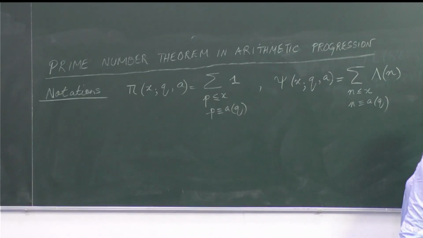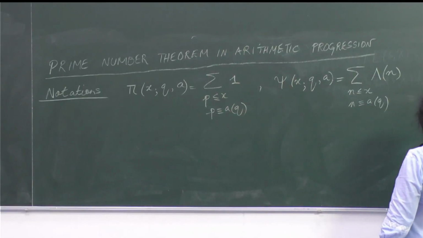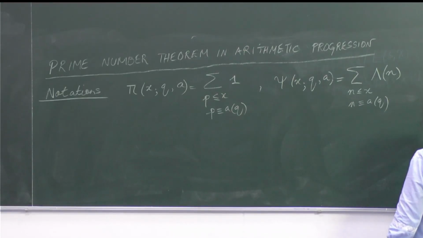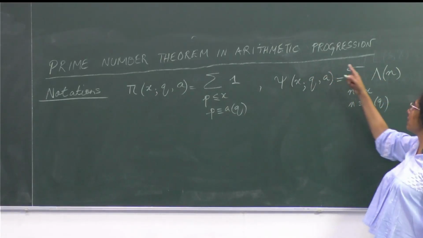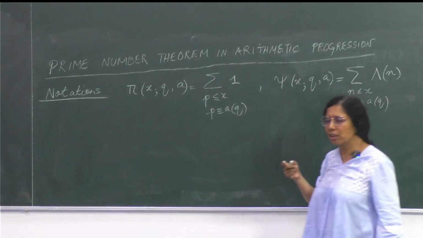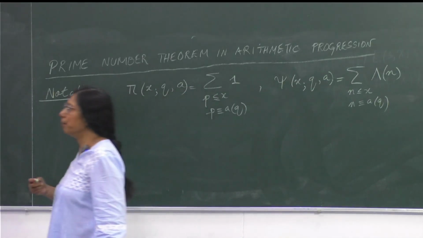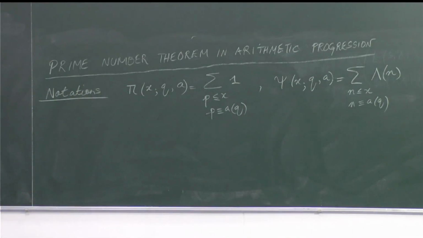You remember this? Lambda of n is equal to log p if n is a power of a prime p, and it's 0 otherwise. Use of this makes life simpler because it is smoother, and then by partial integration you can get back pi.